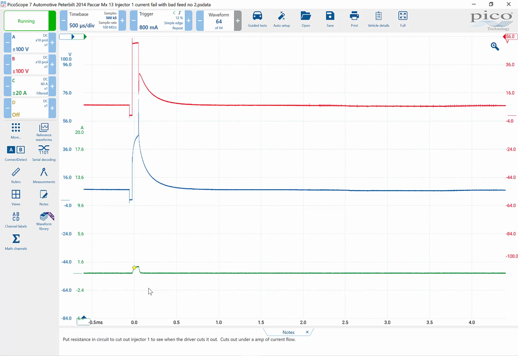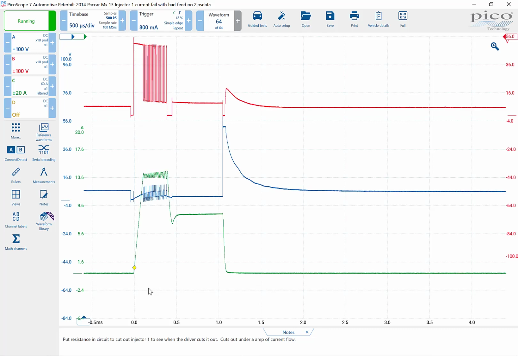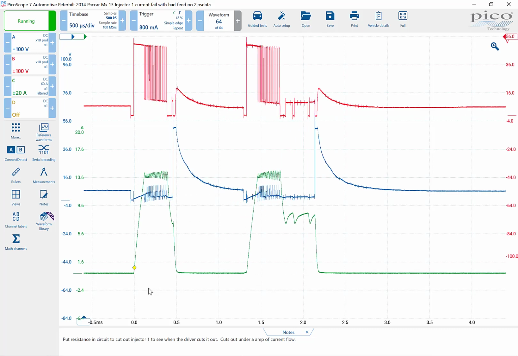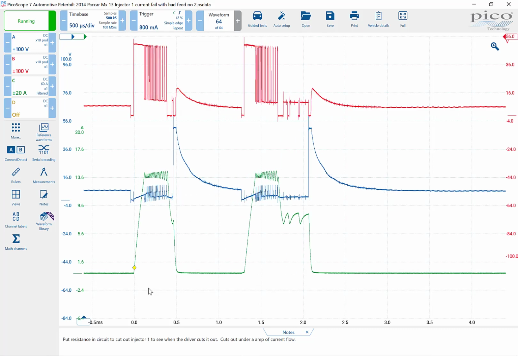Okay, so now I've got it inactive again, so I've got it back to normal. Now the next thing I'm going to do is show a fault on the positive side of the injector, okay? So let me do that. Okay, so now we're back to normal.